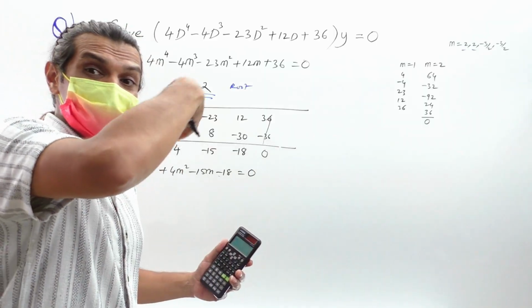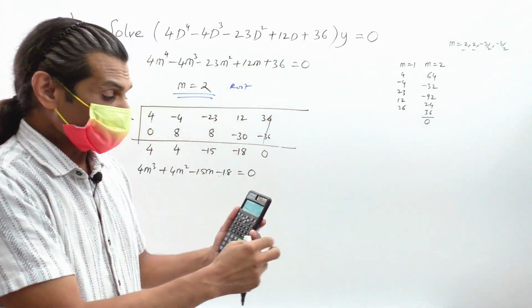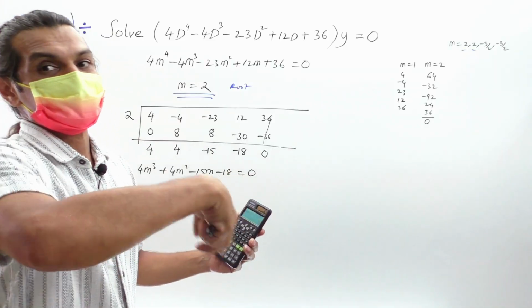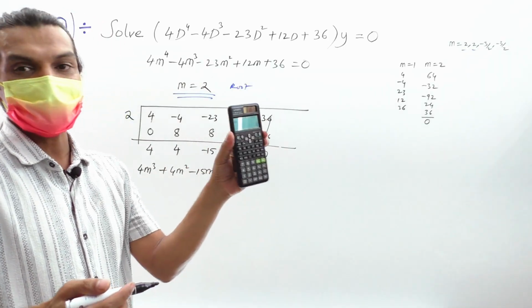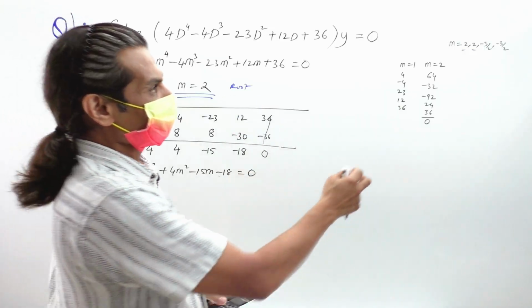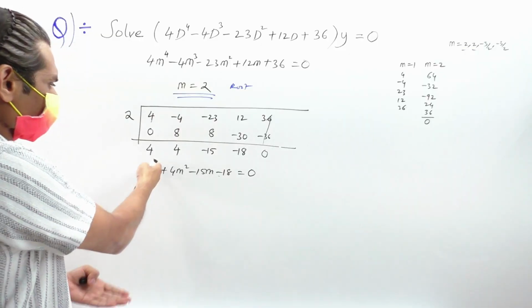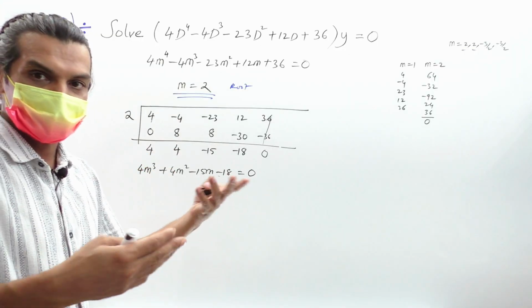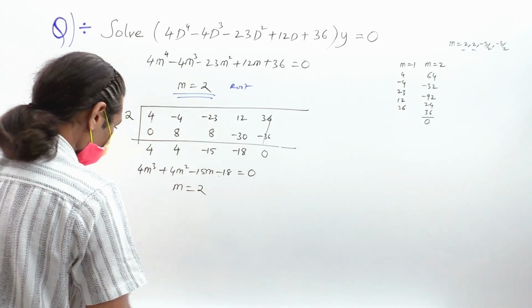The calculator is not going to show you the repeated roots, so the next root is also minus 3 by 2. So from the calculator you now know that the whole number root is 2. There is no need to check again. If you want to check, you can put 2 in place of m and check, we get 0 only. There is no need. You know that m equal to 2 is a root.